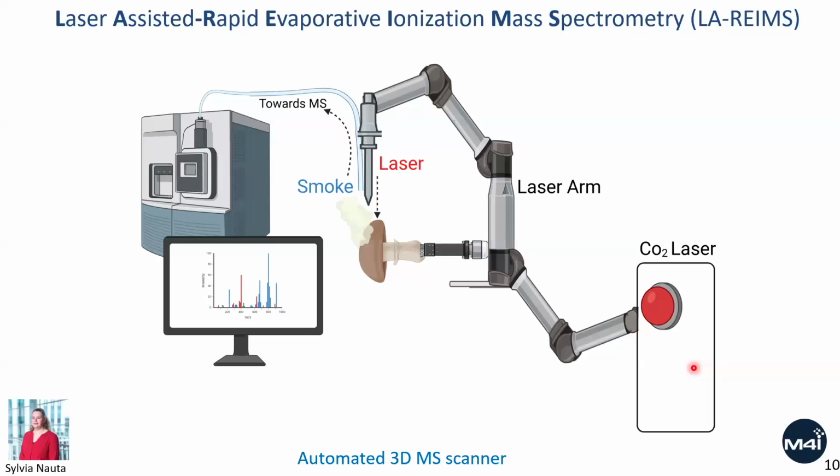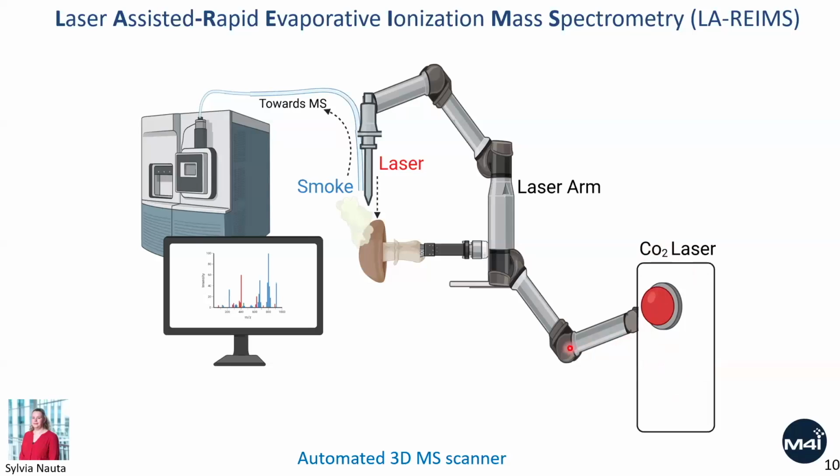So I have an example of another technique, because MALDI also sometimes has issues with the sample preparation. And in this technique, you will see that I don't need any sample preparation. And it's very cool. Going from right to left, we have a laser, which is a carbon dioxide laser.